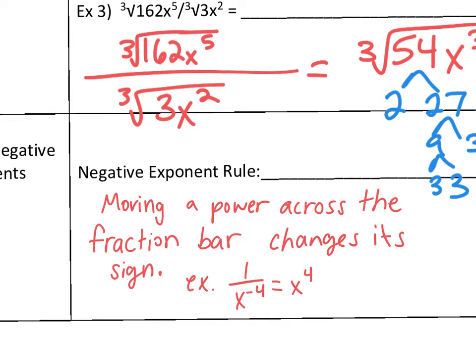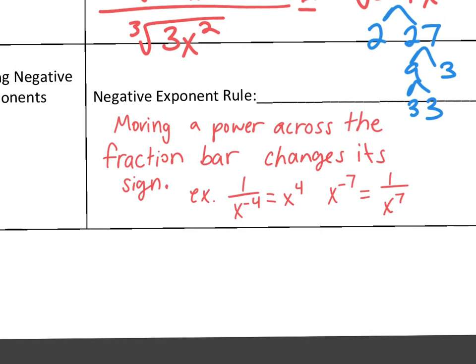Okay? If I had x to the -7th, how could I rewrite that? Yep, 1 over x to the 7th. If I had, we'll do one more example here, y to the negative 2 times z to the 4th.